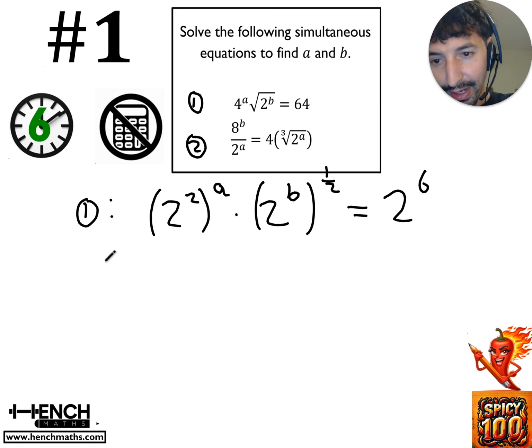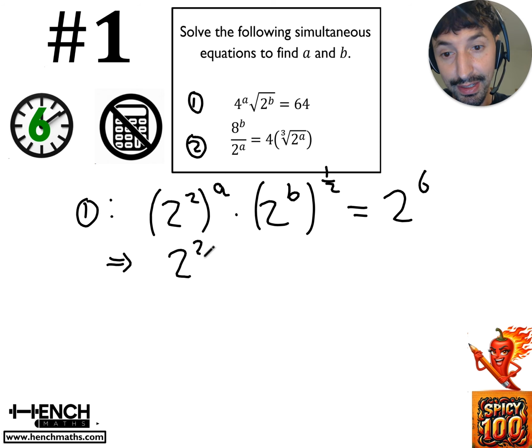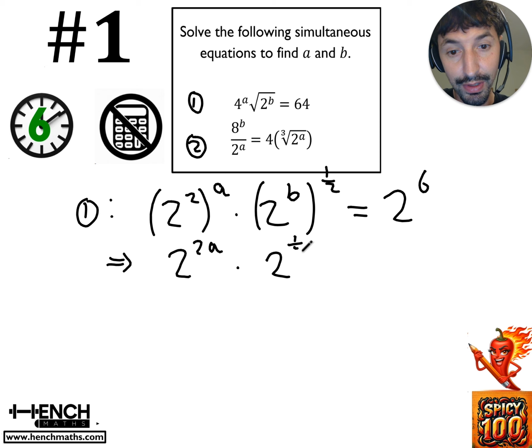So let's apply our rules of indices here. We've got 2 to the power of 2 to the power of a, so we multiply the indices together. Then we've got a similar rule, so we multiply half and the b, so we get half b, equals 2 to the power of 6.